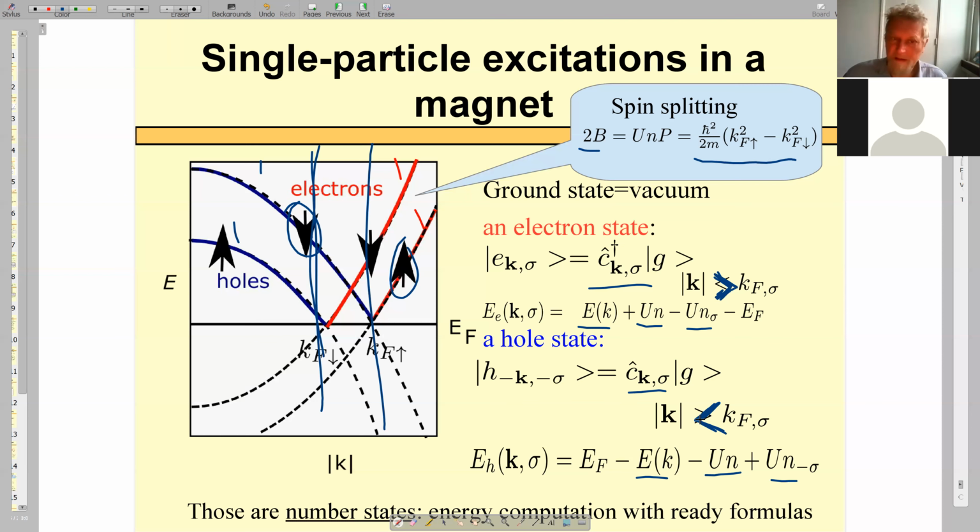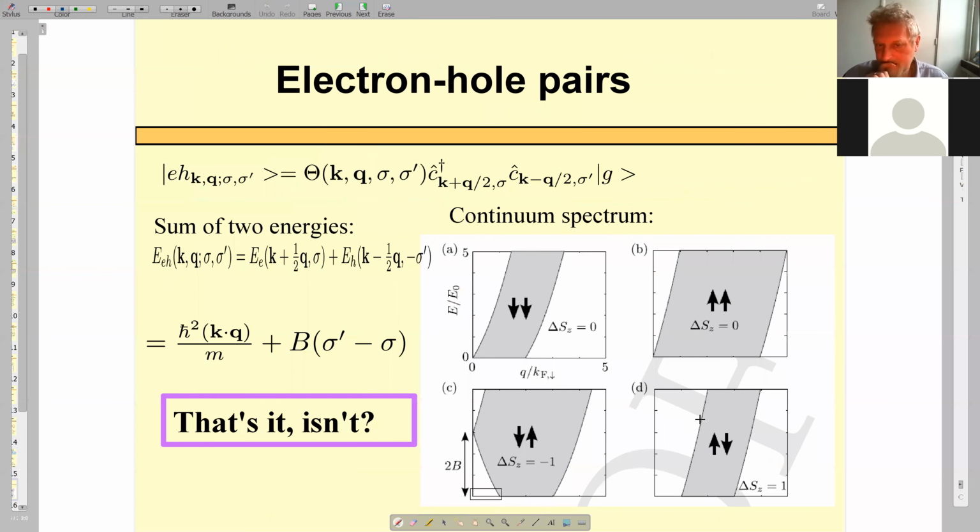Good. These are also single particle excitations. I want to make another simple story because I want to talk about electron-hole pairs. But electrons and holes are charged excitations. One has to really bring the charge to the metal or extract the charge. Let's see what we can do within the metal.